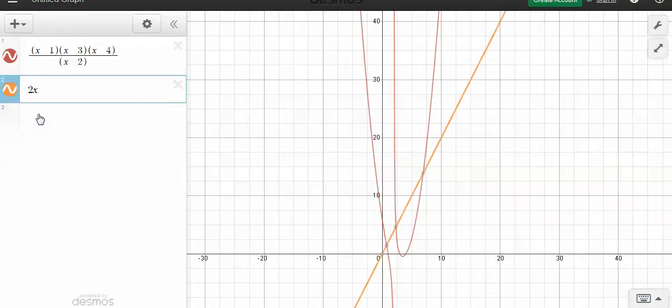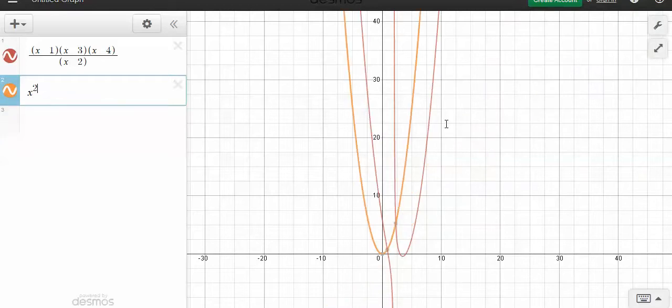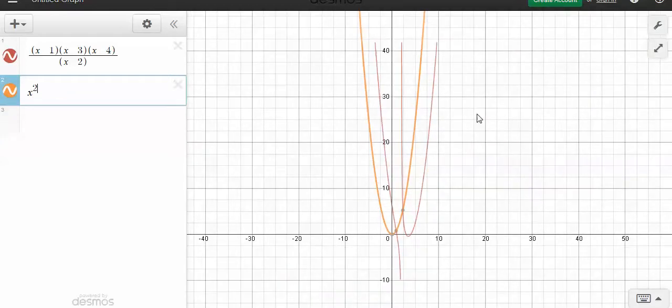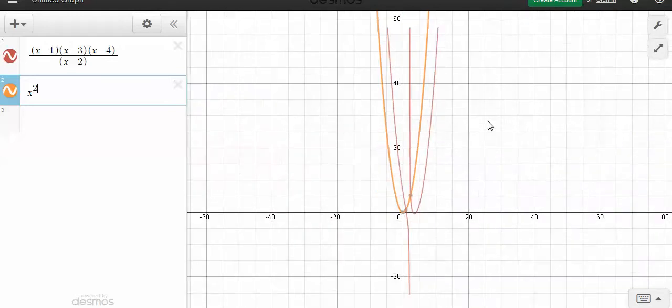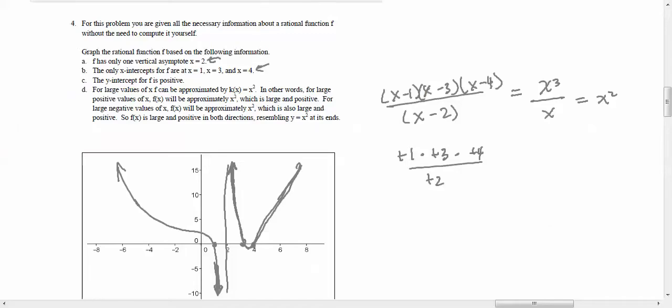X squared. Yeah, okay. Alright, so as I get far enough away, my red graph kind of looks like my orange graph. It's just shifted a little bit. But it still could be approximated by that. Things are not responding. I'm just going to press stop and see what happens.